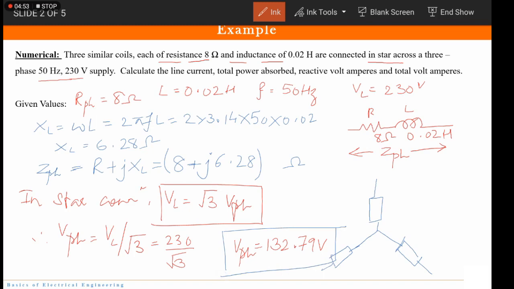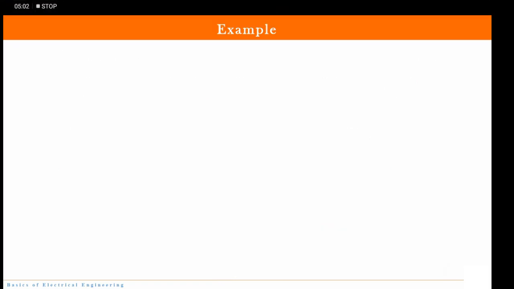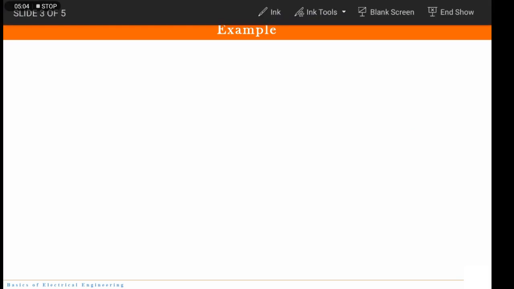So I got my phase voltage. I have my impedance. So what should be the next step? I can very well calculate current. Which current? Phase current. So phase current will be phase voltage upon phase impedance, right?